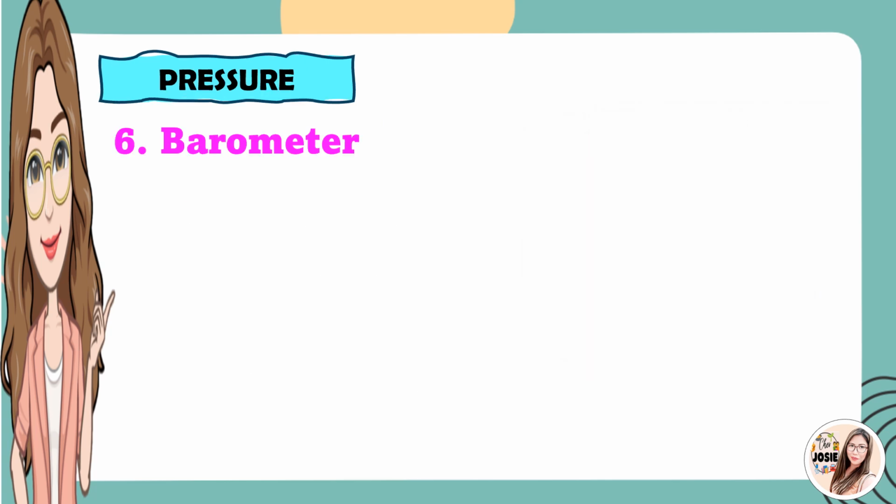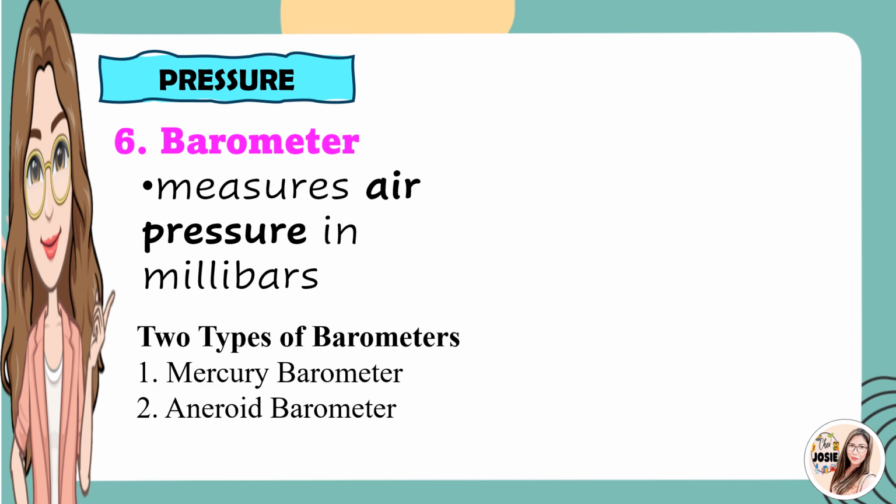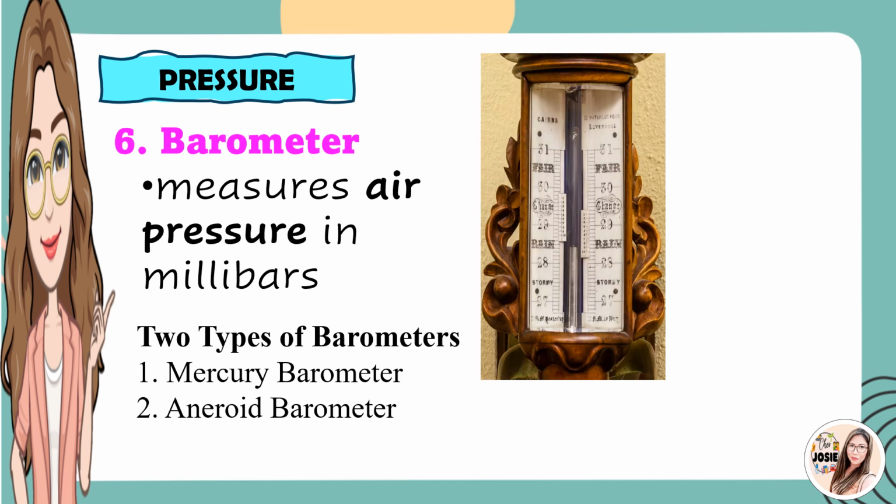Under the weather component of pressure, we have the number 6 weather instrument, the barometer. A barometer is used to measure air pressure in millibars. We have two types of barometers. First, the mercury barometer, just like in this picture. The second one is the aneroid barometer.